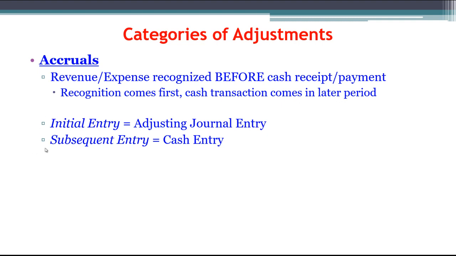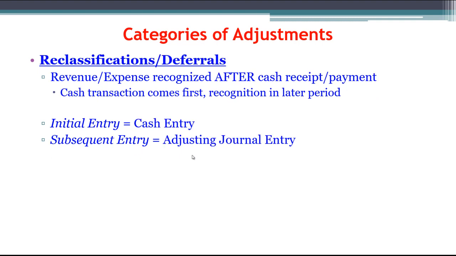Now, what I want to point out here is that when we're talking about adjusting entries, you need to understand that for every adjusting entry, there's also going to be a related cash entry that happened either before or after the adjusting entry. For accruals, the initial entry we're talking about is the adjusting entry, and then later on you'll have a cash entry to collect or pay the cash.